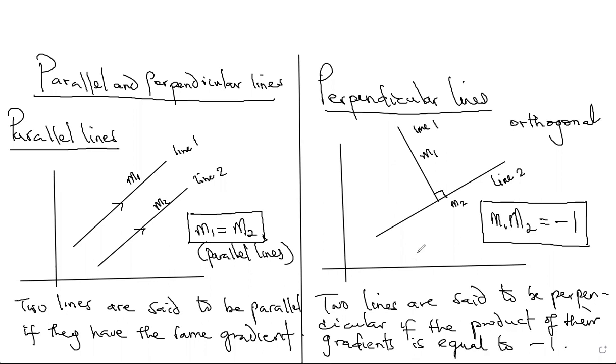So that's the condition. Okay. So very important, take note of that. This for parallel lines and this for perpendicular lines. That's the condition. Okay. So let's look at some examples.